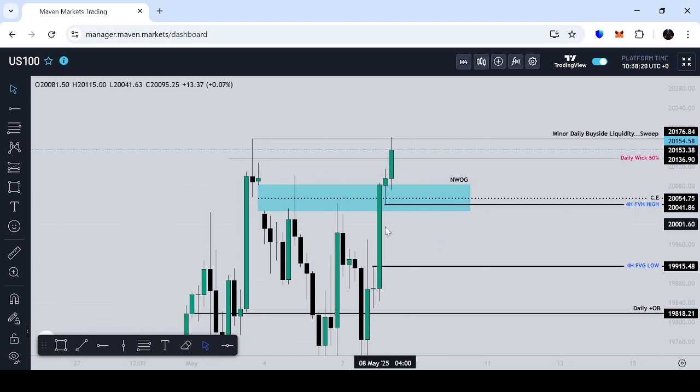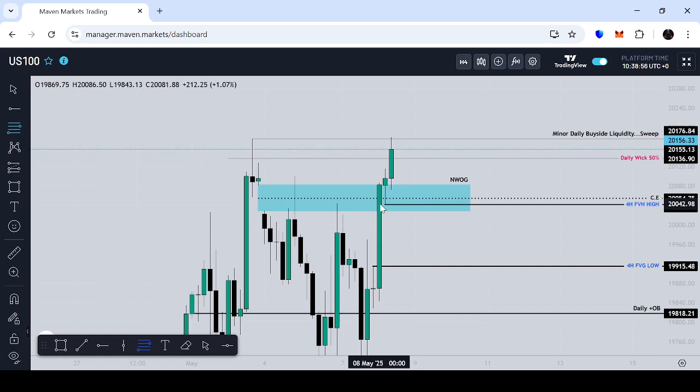So you could be anticipating for a price delivery inside a consequent encroachment. To get a consequent encroachment of this inefficiency, which is fair value gap, you anchor from the low of the candle that created the fair value gap, being the high of it. After a validation above the new week opening gap, we had a rejection block. This is the candle that created the fair value gap.